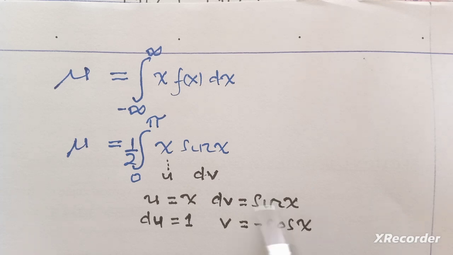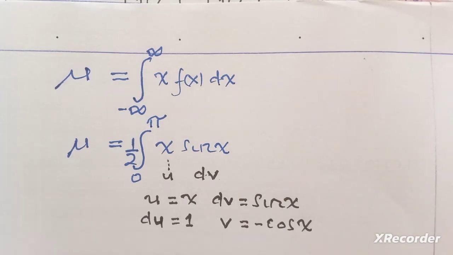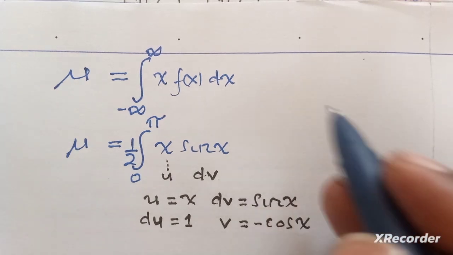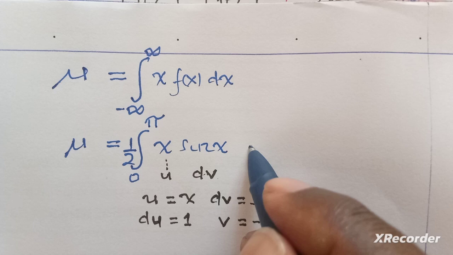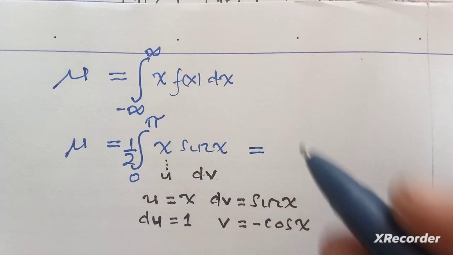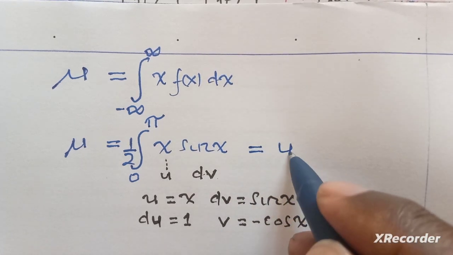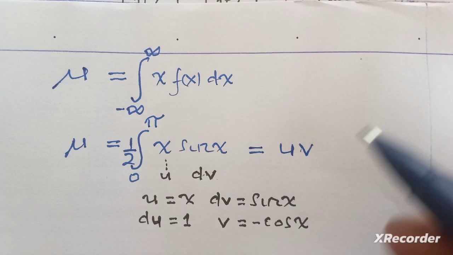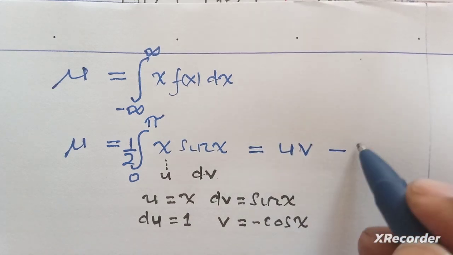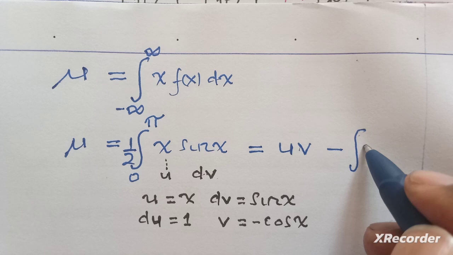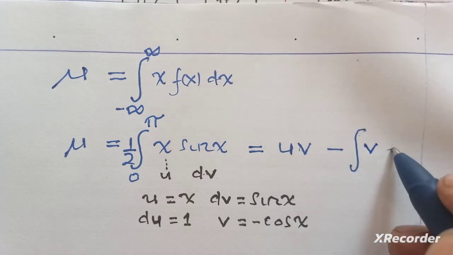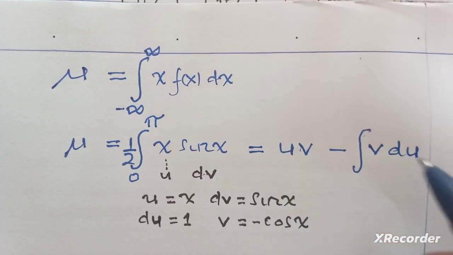So now it's supposed to be like that. So guys, we continue. According to integration by parts, this is the equation we use: uv minus, now we write v and then du, like that, guys.